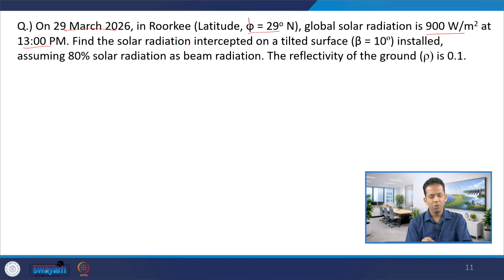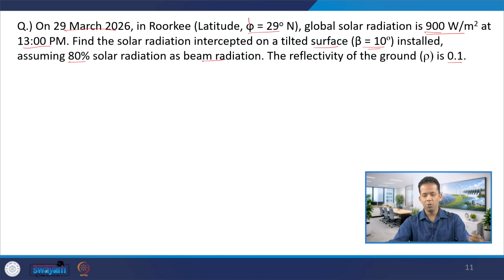Find the total solar radiation intercepted on a tilted surface with beta equal to 10 degrees, assuming 80% of radiation is beam. So, total radiation is given, out of which 80% is beam radiation, so IB is known to us. The reflectivity of the ground is 0.1, also given to us. So, how do we approach this problem?